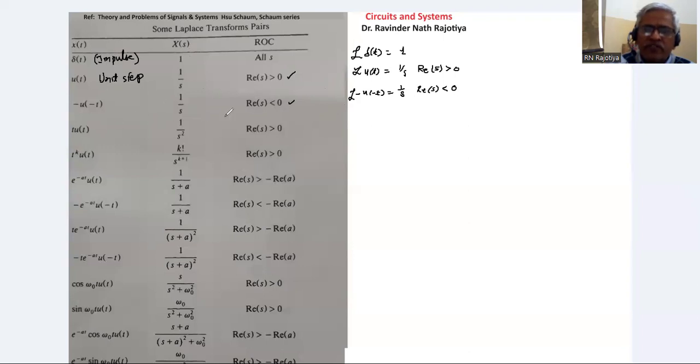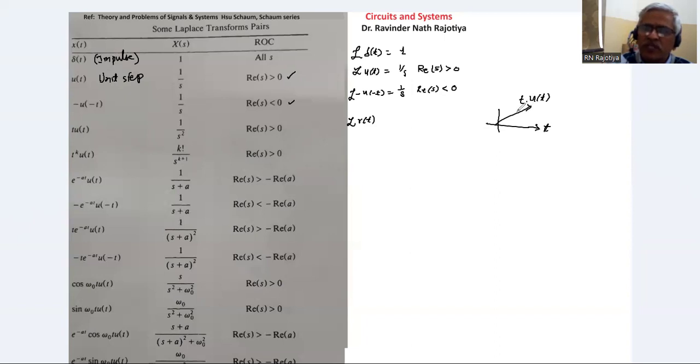For a unit ramp function, I can also write this as a ramp of t. And I know how the ramp takes on values, like this. If this is t, then on the positive side this will be t into u of t.